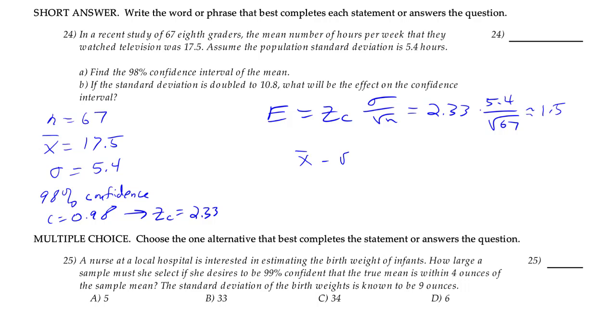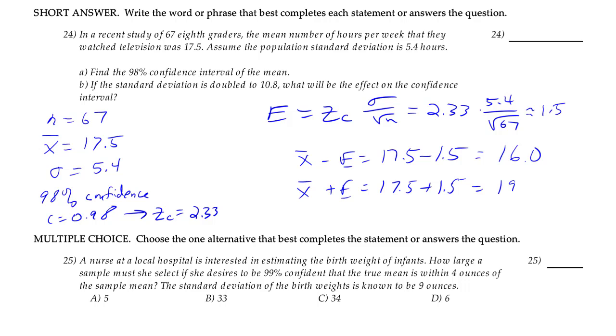So then I just take x bar and subtract that off and add that to it. So we had 17.5 minus 1.5, 17.5 plus 1.5. So we would get 16 here, and 19 here.